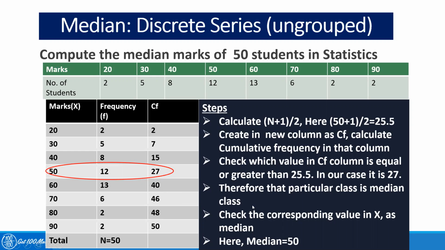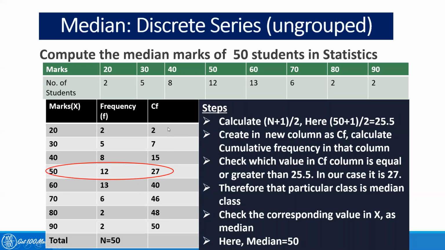The next step is to see in the cumulative frequency column which value has crossed your n plus 1 by 2 value. What I mean to say is in the CF column, you have to see which value is either equal to 25.5 or greater than 25.5. I mean, you have to take the immediate next.